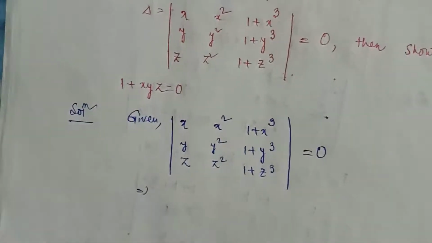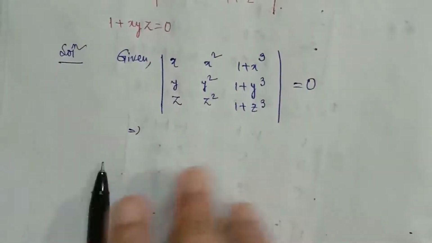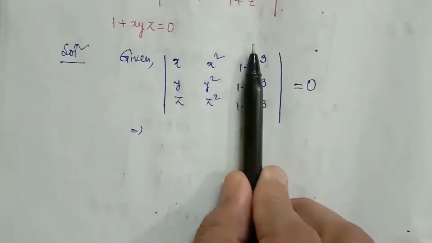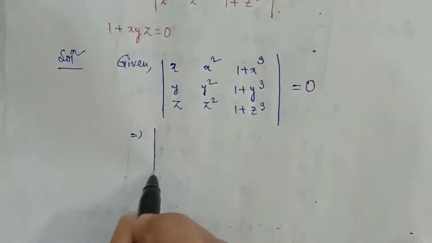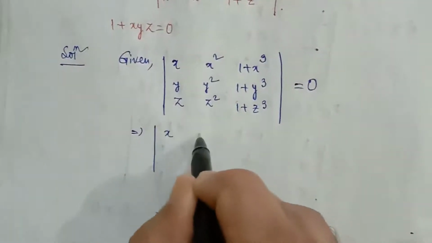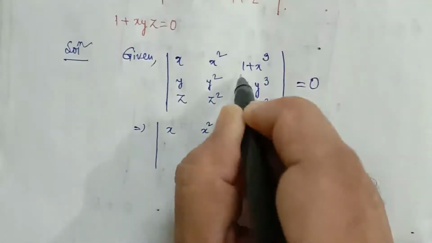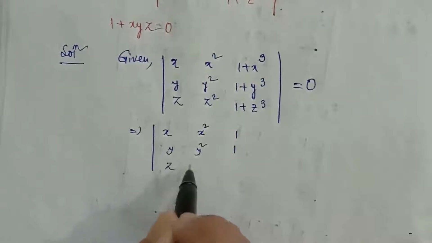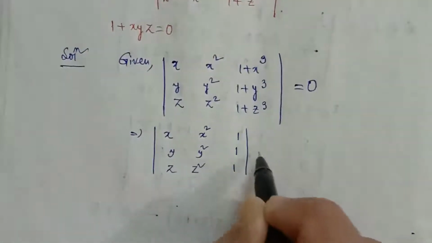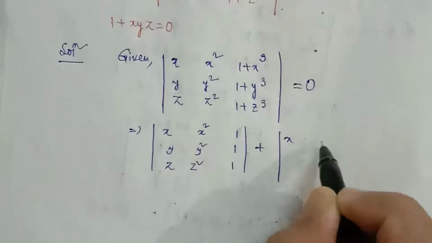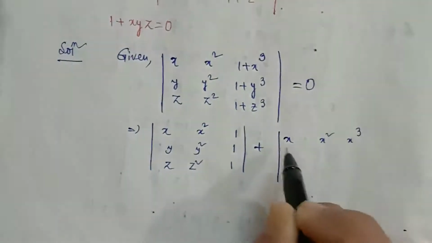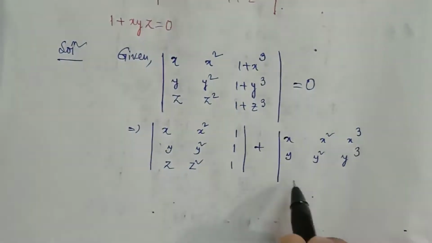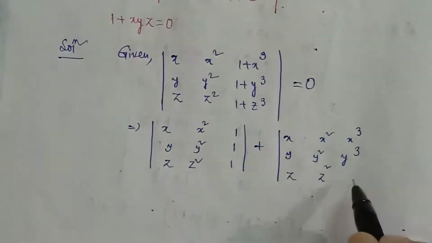Now, using properties of determinant, if each element of a row or column is sum of two elements, here each element of C3 is sum of two elements, we can break the determinant into two parts: x, x square, 1, y, y square, 1, z, z square, 1, plus x, x square, x cube, y, y square, y cube, z, z square, z cube.